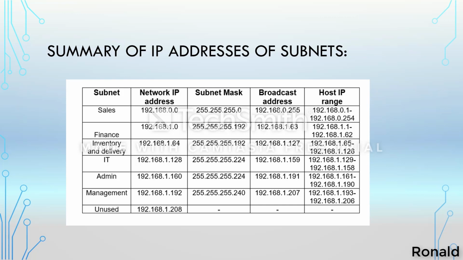For easy understanding, the network IP, subnet mask, broadcast, and the host IP range have been presented in the table in a way that anyone can understand. By means of this table, it is clear that from one major network IP, we have easily derived several network IPs as well as subnets to make sure that consistency is maintained within the network. So let's move on to the next slide.